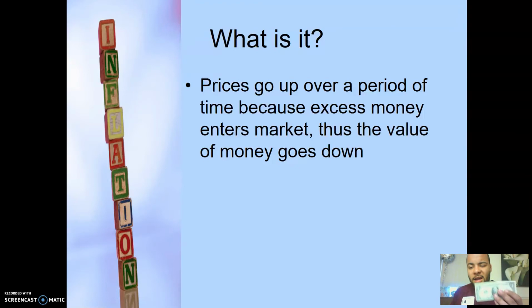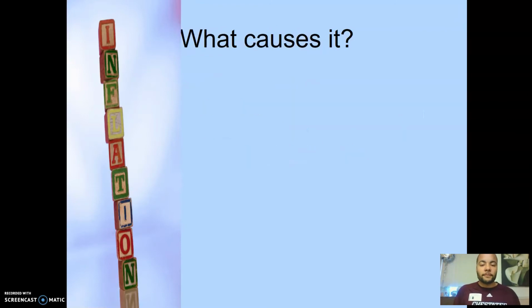Can we buy a lot with this dollar? Generally, yes. However, if the Federal Reserve decided to make more money to put us in more debt, does the value of the dollar really stay up to par? Does it stay $1 or does it decrease? With inflation over time, the value of the dollar is going to go down. This is going to allow us to buy less things. This is called purchasing power. We'll talk about that in a second.